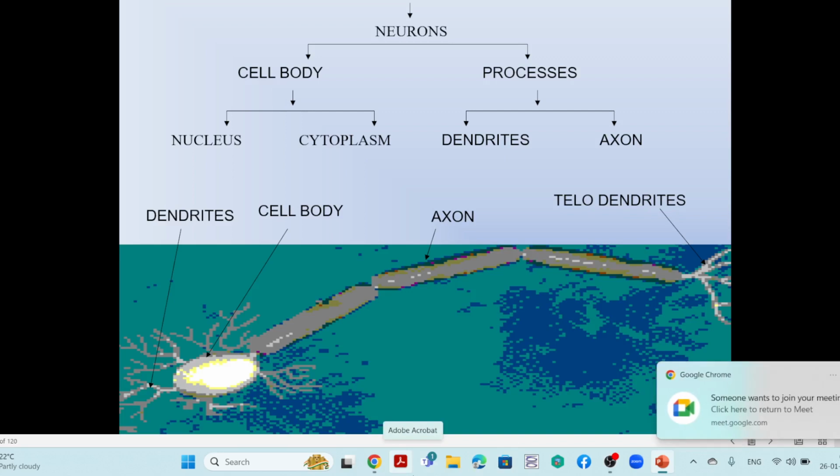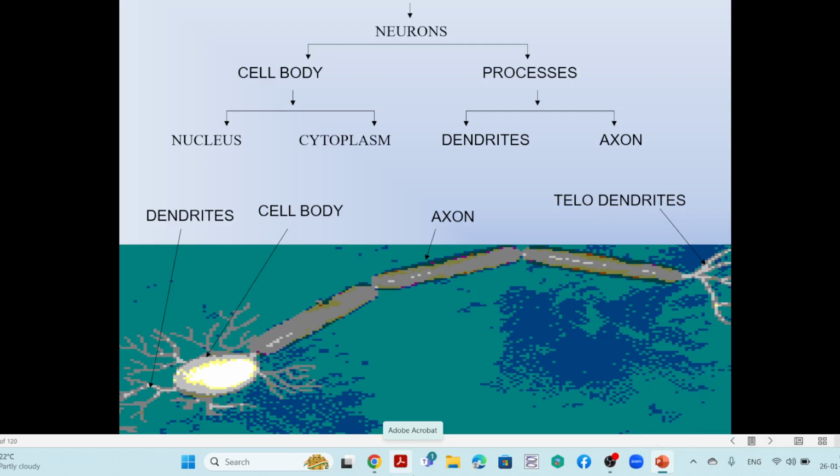Here the neuron has mainly two portions, one is the cell body and the other is processes. The cell body contains the nucleus and cytoplasm, and the processes are the projections from the cell body.